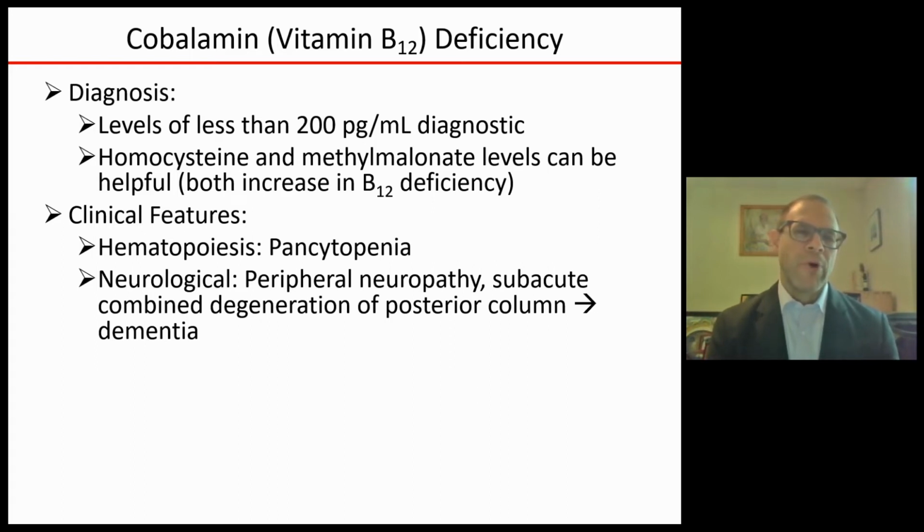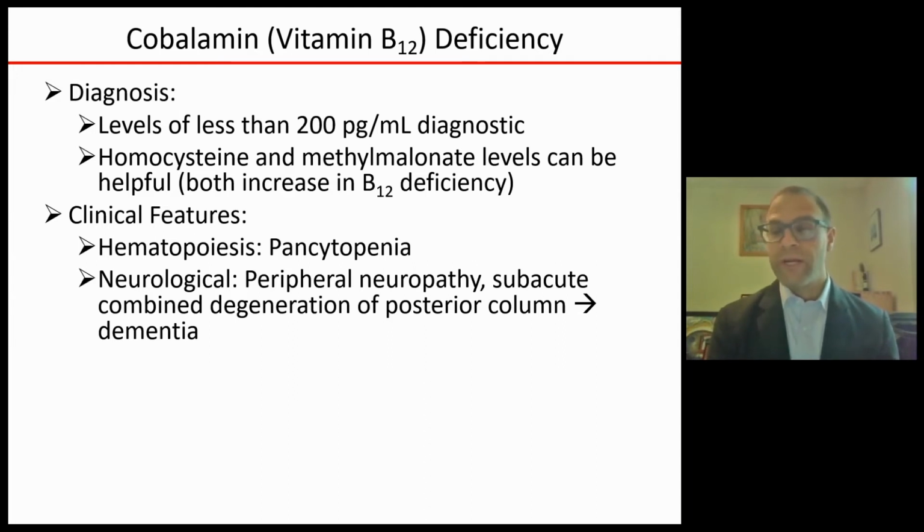And then what happens when somebody has a B12 deficiency? Well, this is megaloblastic anemia, and if severe enough, besides being macrocytic and anemic, they can become pancytopenic. With B12 deficiency, neurologic symptoms are common, with peripheral neuropathies from subacute combined degeneration of the dorsal column.